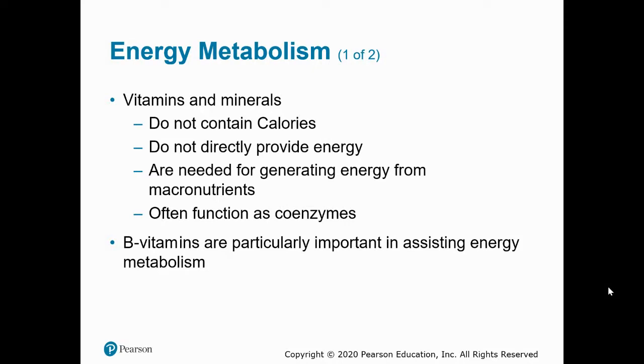So jot this down. What I do want you to get out of Unit 3 is certainly an identification of vitamins and minerals. The fundamental thing I want you to be able to do is differentiate between a vitamin and a mineral. As we talk about these different micronutrients, because we're going to talk about probably a couple dozen, I want you to know whether the nutrient is a vitamin or a mineral.